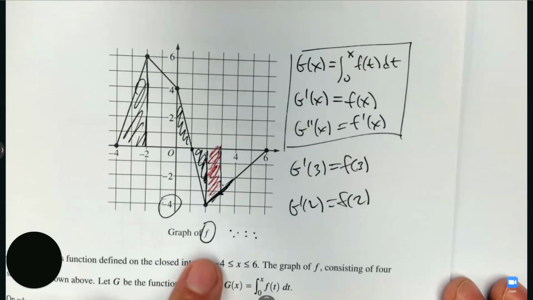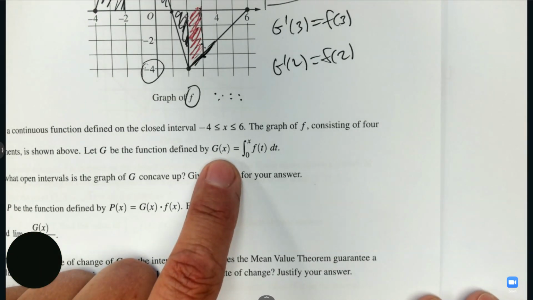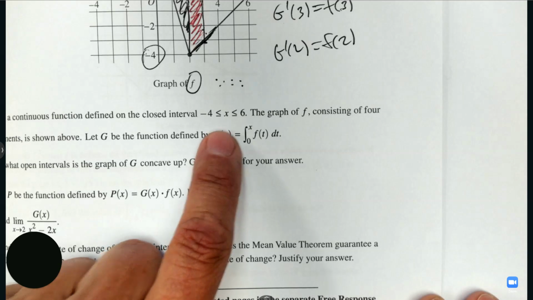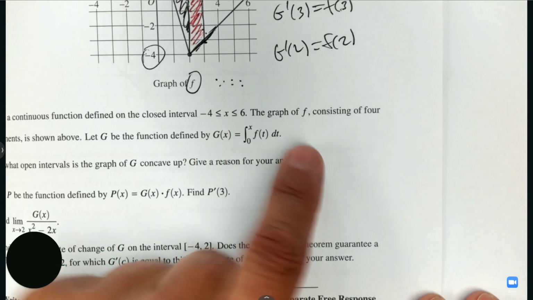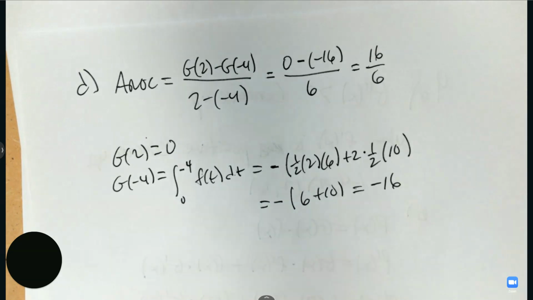So for this function, for g, is g continuous? So could you put in any number and get an answer? Can you take the derivative of g throughout and get an answer? And the answer is yes. So how do we write that down?